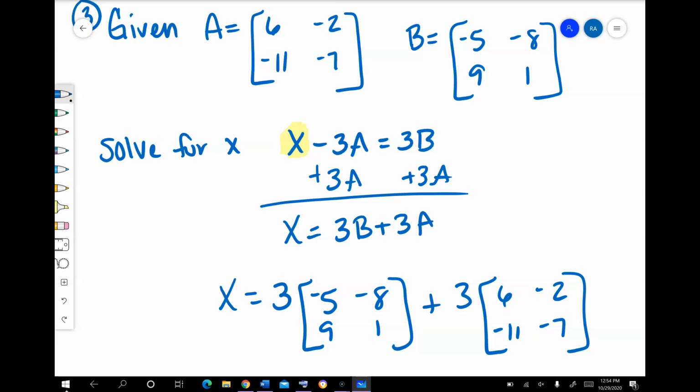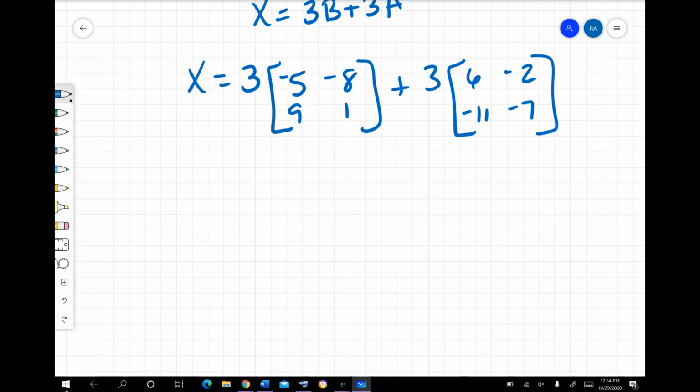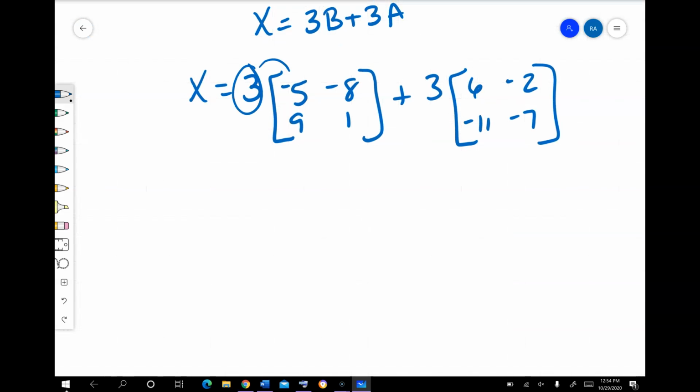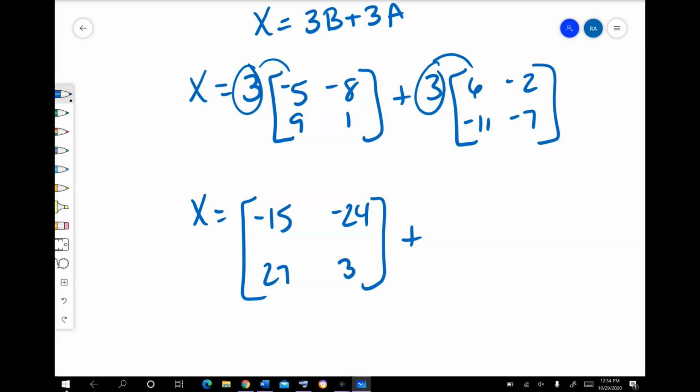Okay, now it's back to what we were doing yesterday. Distribute that scalar. So x equals, distribute the 3. We're going to multiply everything by 3. Same thing over here, distribute that 3.